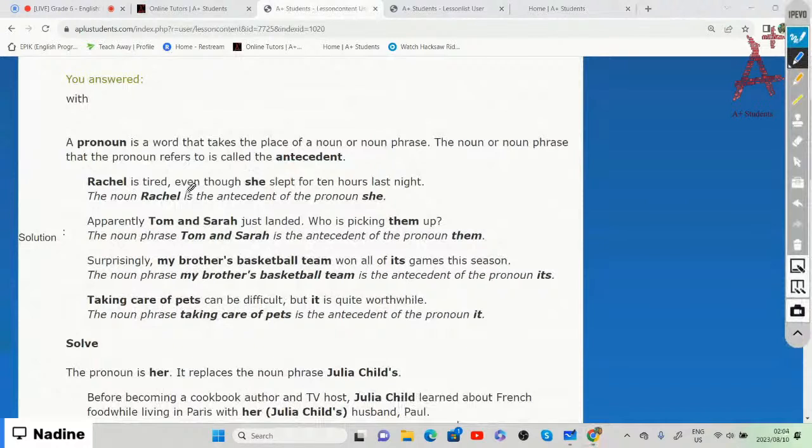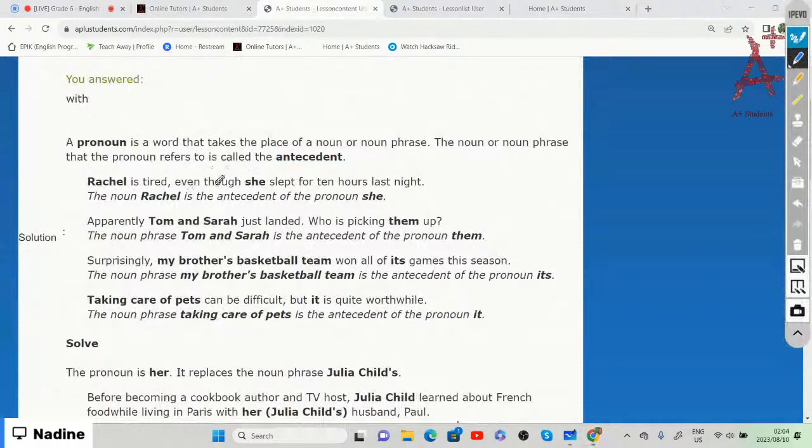And the noun or the noun phrase that the pronoun refers to, we call that the antecedent.